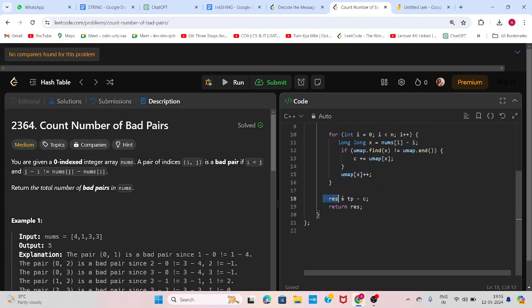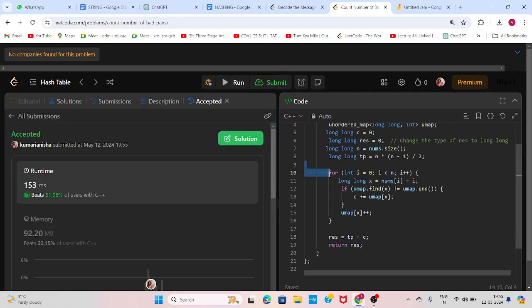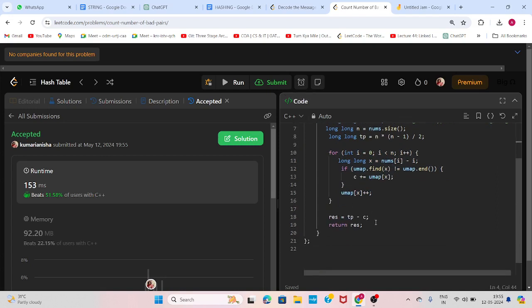After that we remove the good pairs from our total, then we return our result and try to submit this code. It will run fine, because you can see that the time complexity is only O(n), and the map leads to space of O(n).